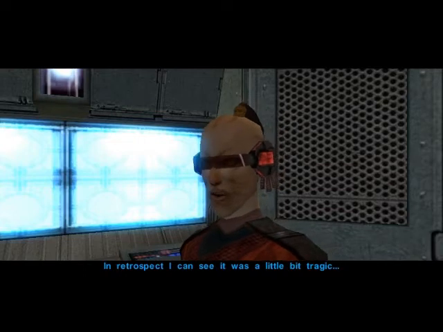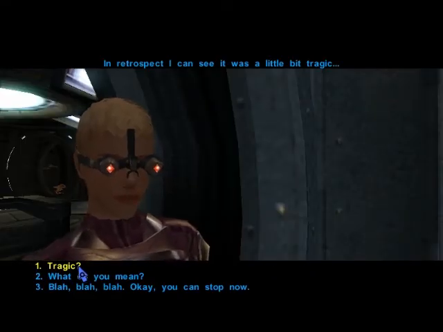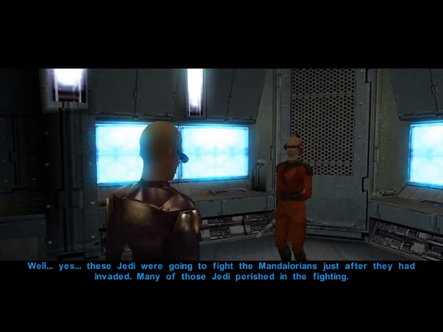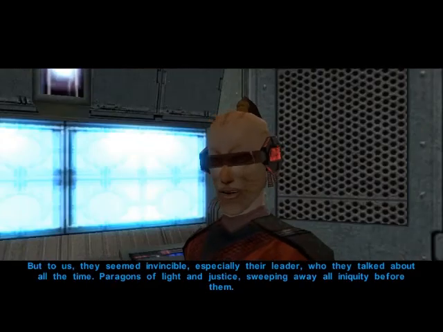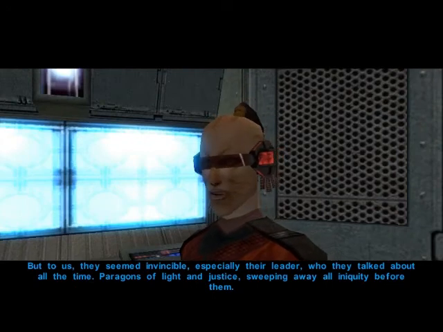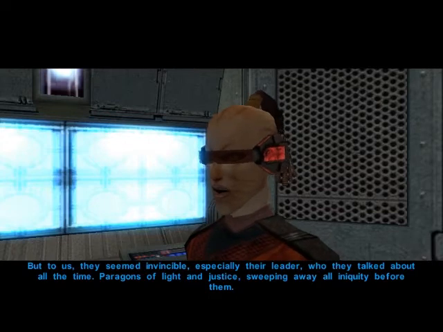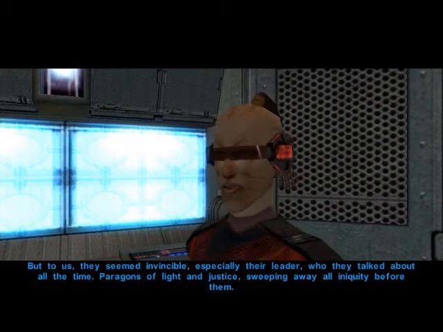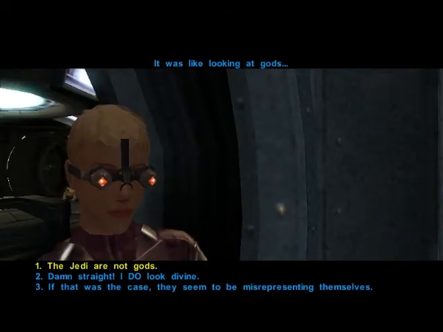In retrospect, I can see it was a little bit tragic. Tragic? Well, yes. These Jedi were going to fight the Mandalorians just after they had invaded. Many of those Jedi perished in the fighting, but to us, they seemed invincible. Especially their leader, who they talked about all the time. Paragons of light and justice, sweeping away all iniquity before them. It was like looking at gods.